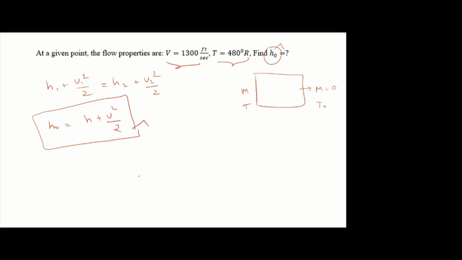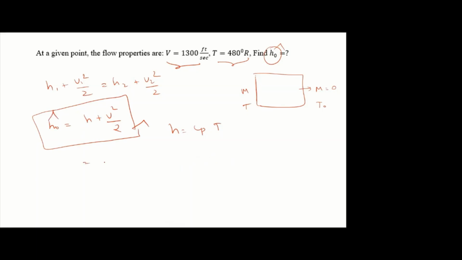Yes, sir. Okay. Then you know instead of H we can put CPT. Instead of H naught, it is CPT naught. So straight away you are going to find the H naught.